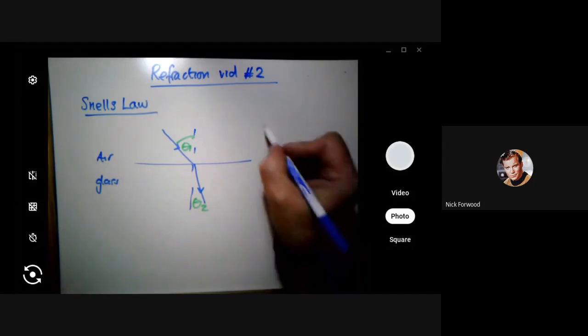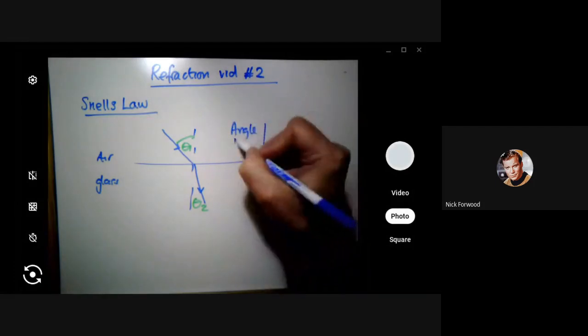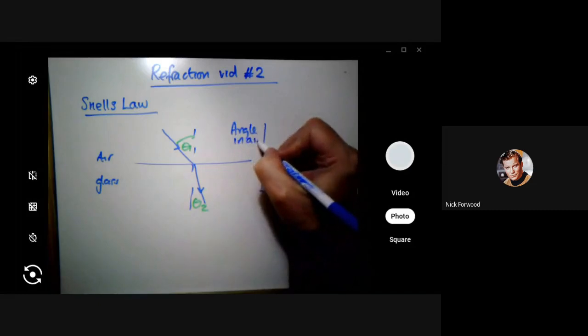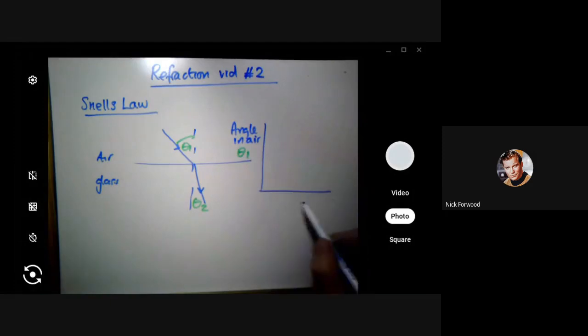And he got a graph of angle in air, which is θ1, against angle in material or medium, which is θ2. It could have been in water, could have been in glass, it doesn't matter.